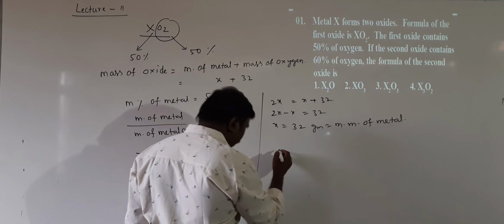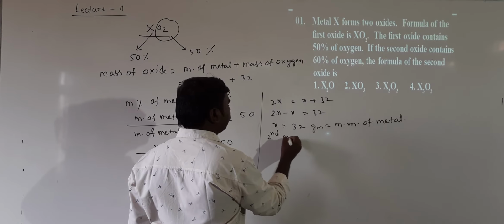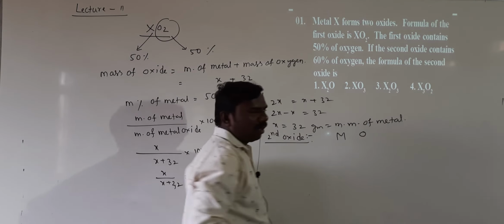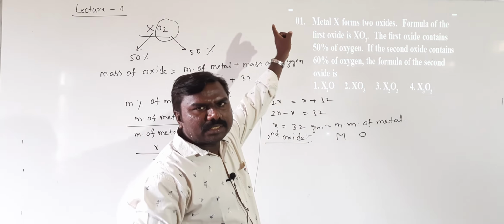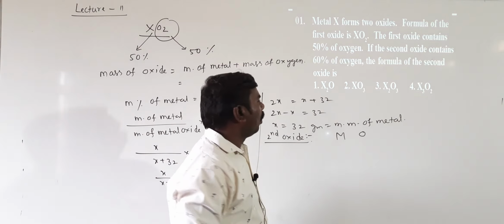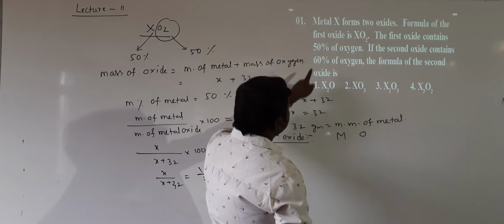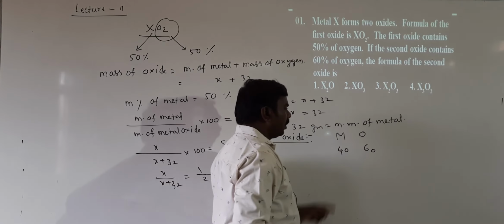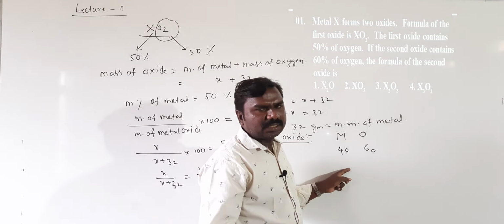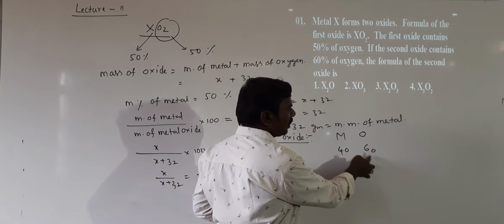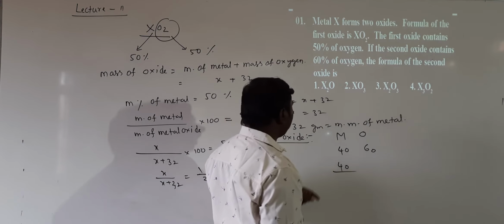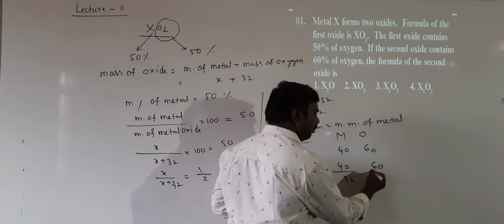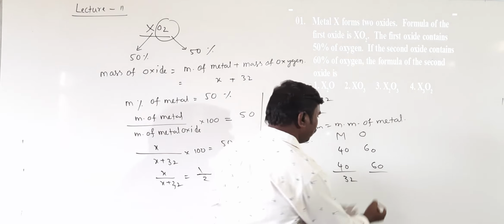Second oxide: we need the second oxide formula. One is metal, another one is oxygen, a metal oxide. In the question they considered it as XO. The second oxide has 60% oxygen, so the remaining is 40. The percentage is considered as grams. Mass by molar mass: for the metal, 40 by 32, and for oxygen, 60 by the molar mass of 1 oxygen, 16.